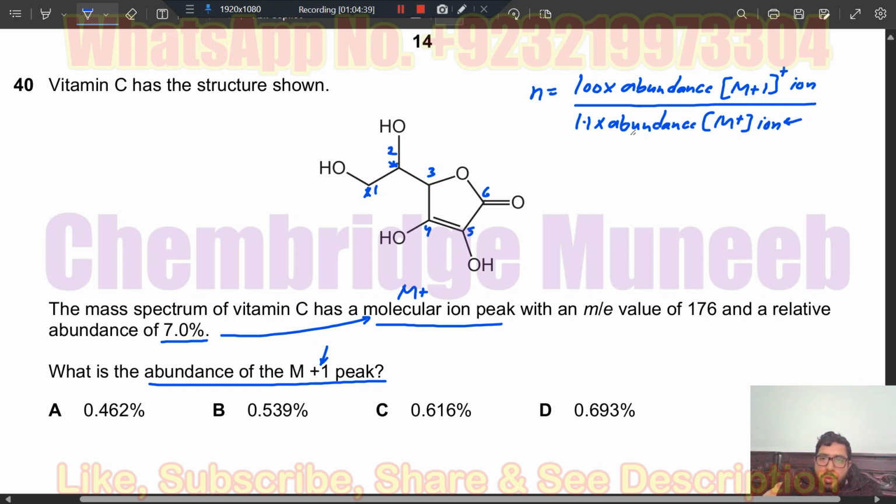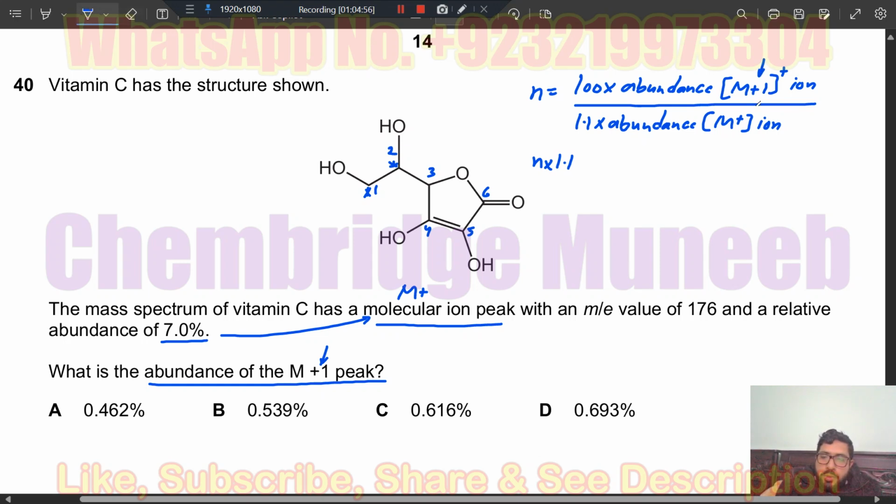So for this purpose, we rearrange this equation and it will look like this. Sorry, we have to calculate the value of this one, which means we have to calculate the term in the numerator, not in the denominator.